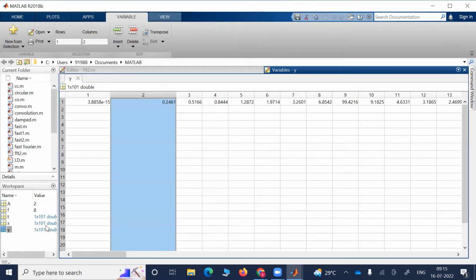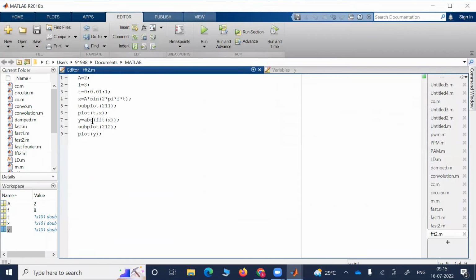Now you check the output values: it has only the absolute values of the function. So that is the importance of using absolute. And here, if you see the spectrum also. So run this program.